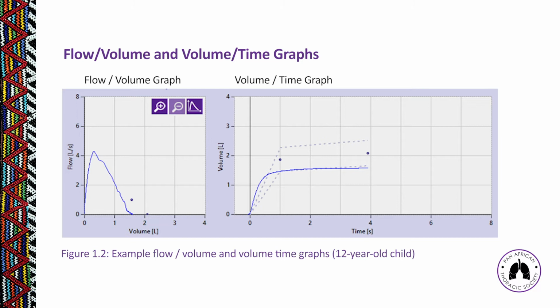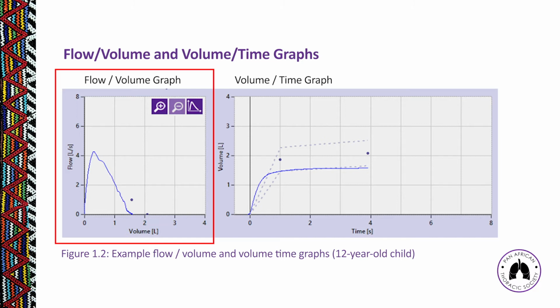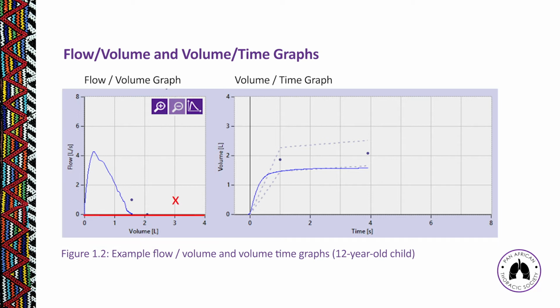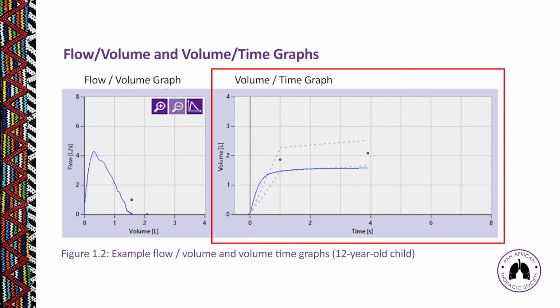If you look at the left-hand graph, the flow volume graph, the x-axis is showing that this child had a lung volume of roughly 1.5 liters. The predicted volume was just over 2 liters. Can you see that on the x-axis of the flow volume graph? We can also see the volume of air that was measured in the volume time graph.